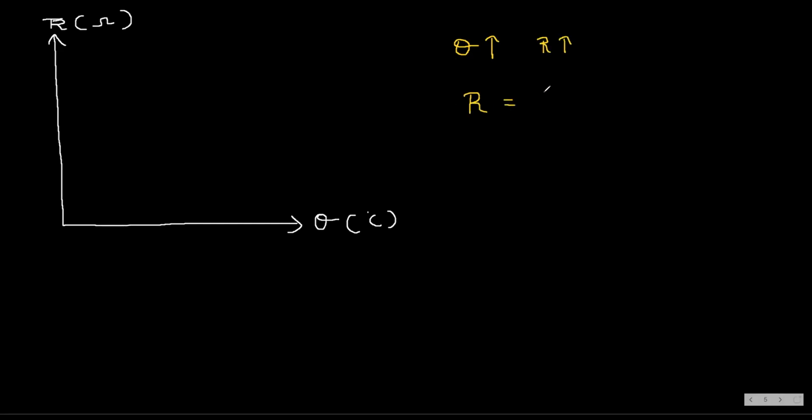You can say R is equal to R naught times (1 plus alpha theta). In other terms, R is equal to R naught alpha theta plus R naught. R naught is the resistance at 0 Celsius.